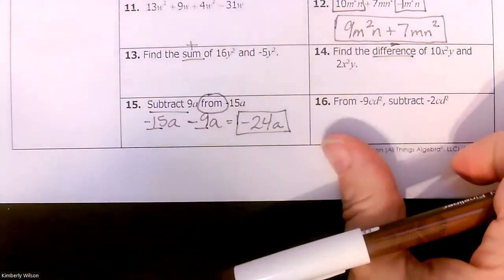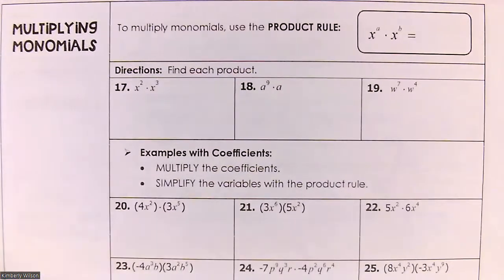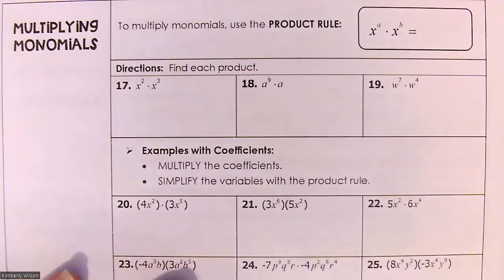All right, next page with a little bit new information here. That kind of was very similar. This is the newer information. Okay. When we're looking at this, we're multiplying monomials now. We were adding and subtracting.